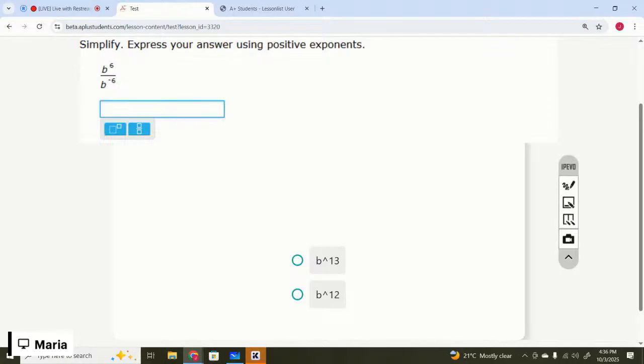Option number 2 is the correct option. That is B exponent 12. Option number 2 is the correct option.